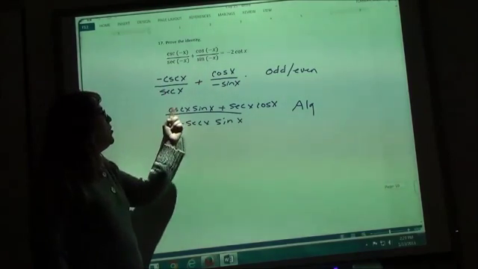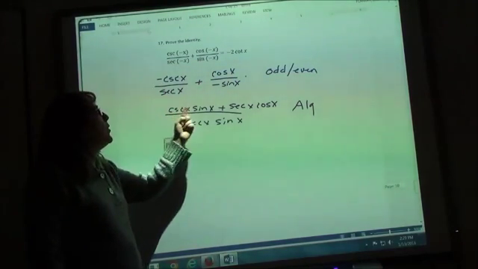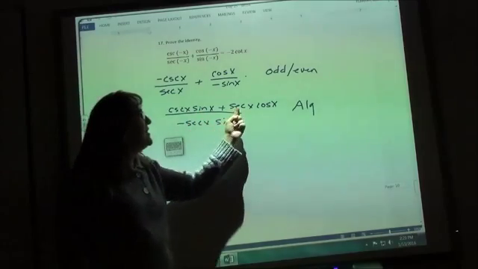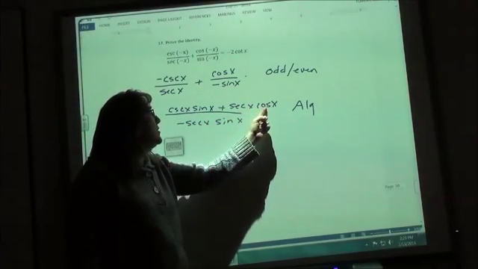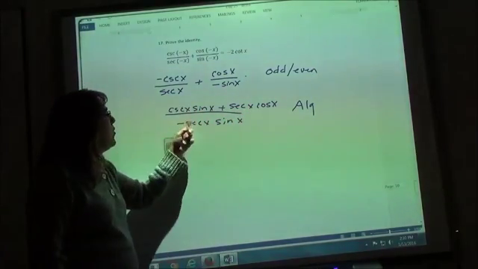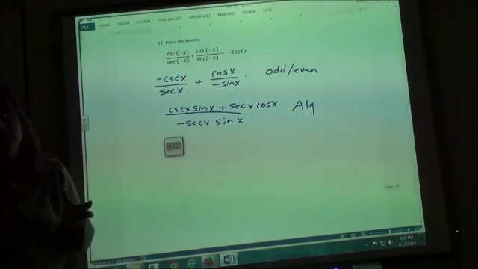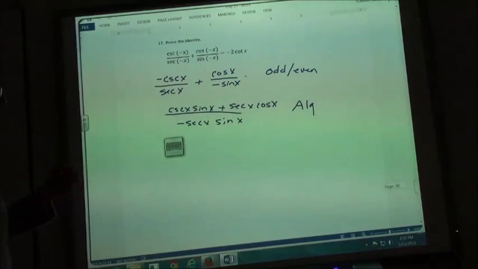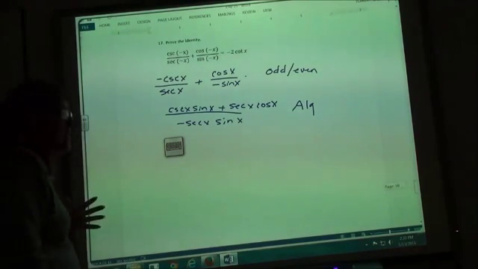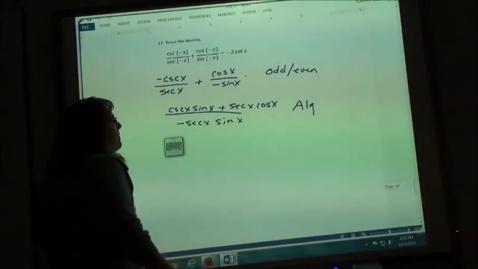Now, cosecant of x is the reciprocal of sine. Secant is a reciprocal of cosine. So I'm going to replace all of those using the reciprocal. Since I'm using the same identity, I can do it all in one step and I don't have to do them every single step one at a time.